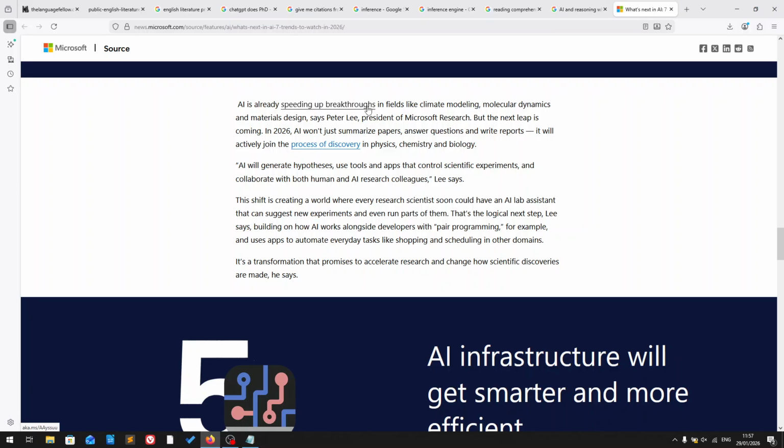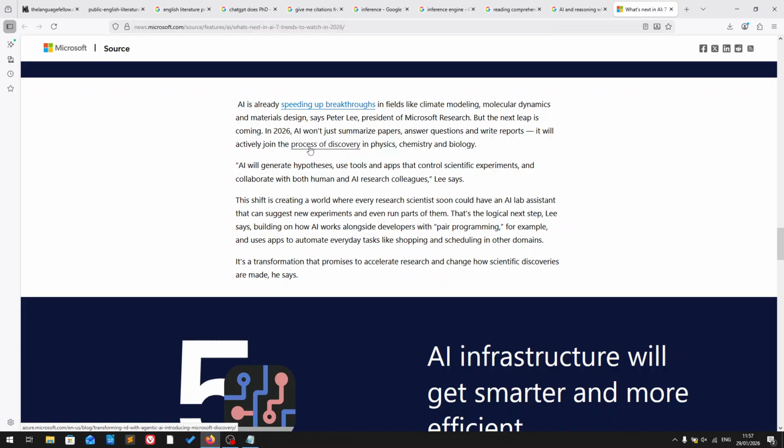Next leap is coming in 2026. Actively join the process of discovery in physics, chemistry, and biology. Transforming R&D with agentic AI, introducing Microsoft Discovery.